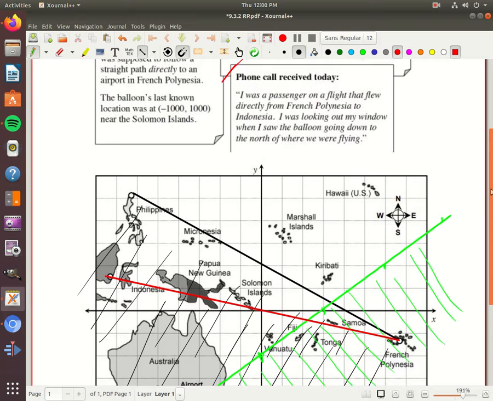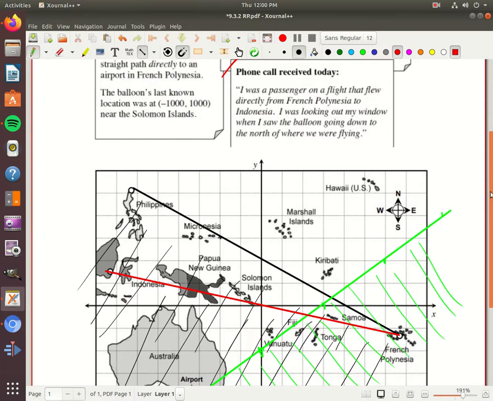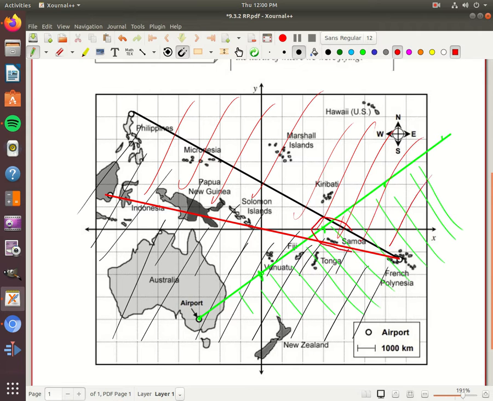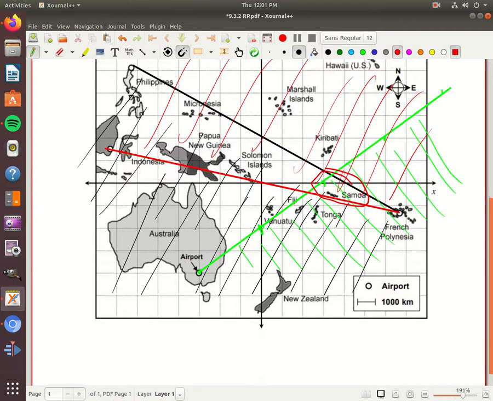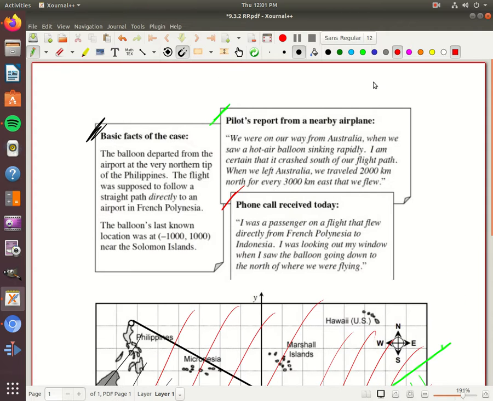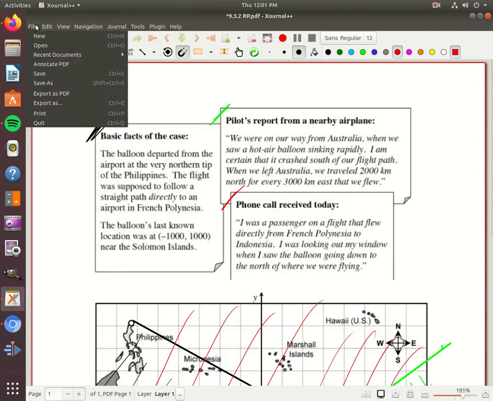And it says I was looking out my window when I saw the balloon going down to the north of where we were flying. So it looks like it must be good old Samoa. Samoa is the only one that is true for black, red, and green. So that's where that thing must have landed. He saw land. He was going down into Samoa for safety reasons.